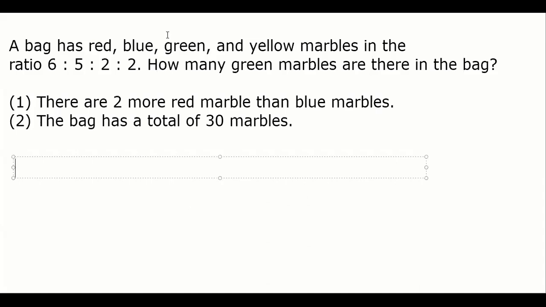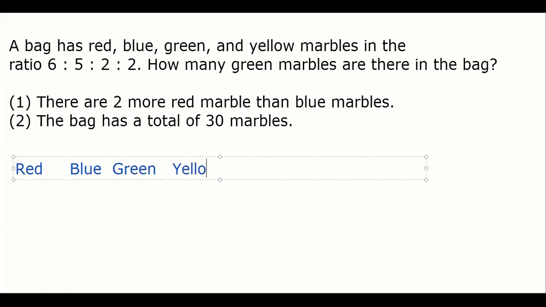First, statement 1. Meghna, how shall we approach? Sir, there are 4 colored marbles, red, blue, green and yellow, and the ratio is given as 6:5:2:2. The question is how many green marbles are there?